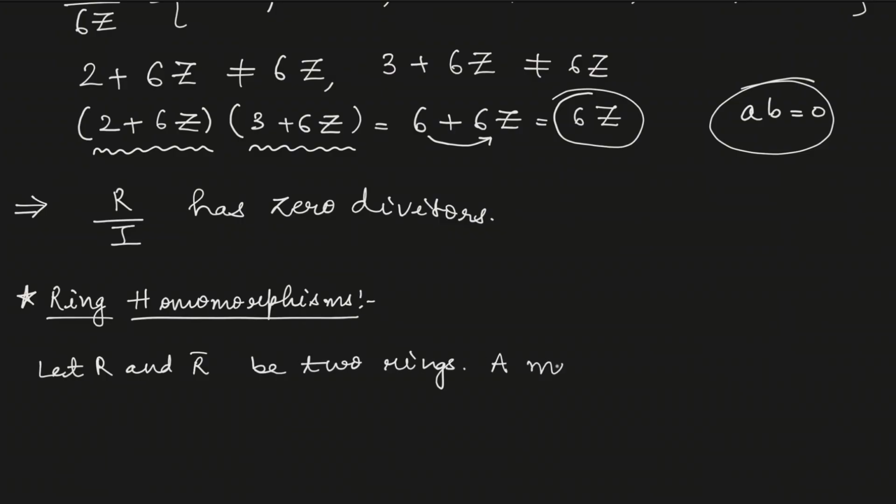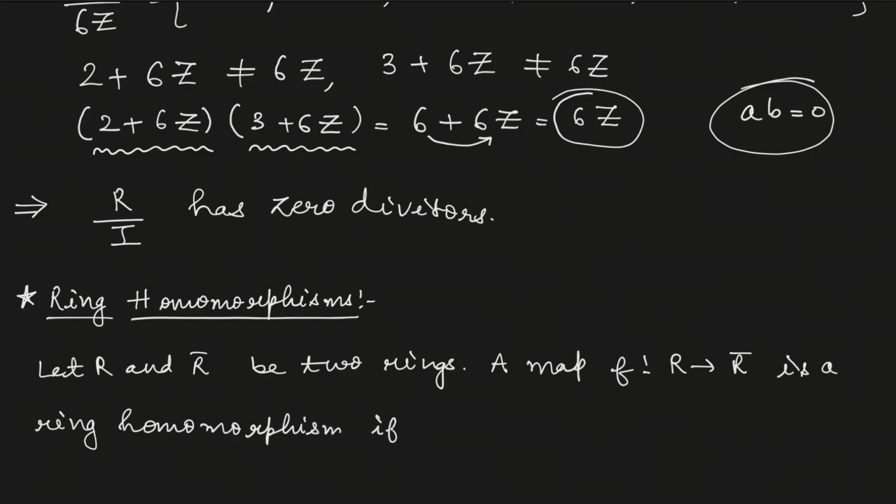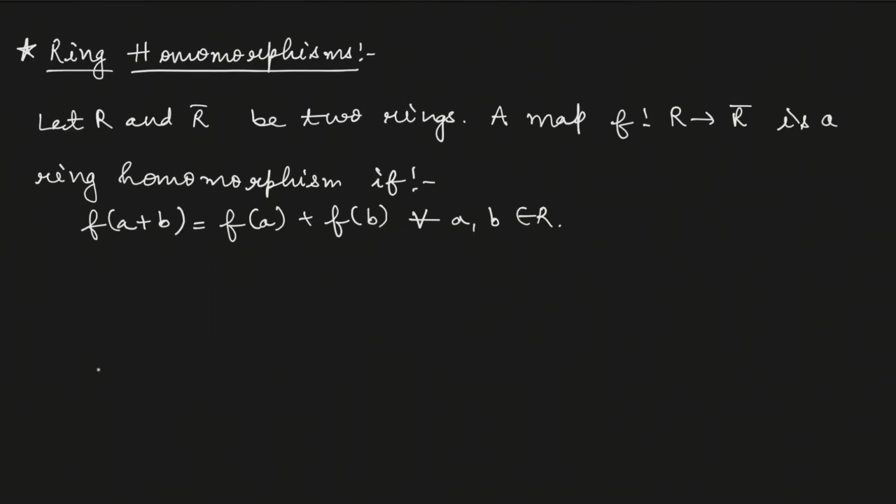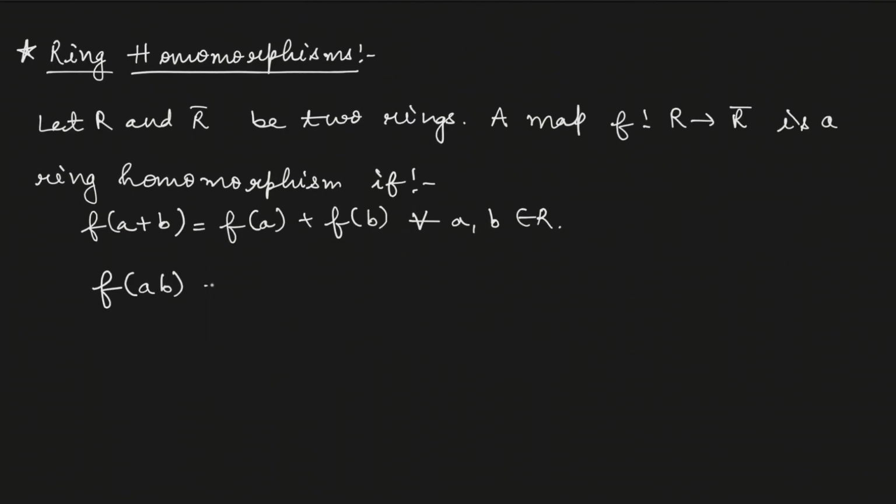A map f from R to R bar is a ring homomorphism if f(a plus b) is equal to f(a) plus f(b) for all a, b belonging to ring R, and f(ab) is equal to f(a) times f(b) for all a, b belonging to ring R, because ring R has two operations, addition and multiplication.